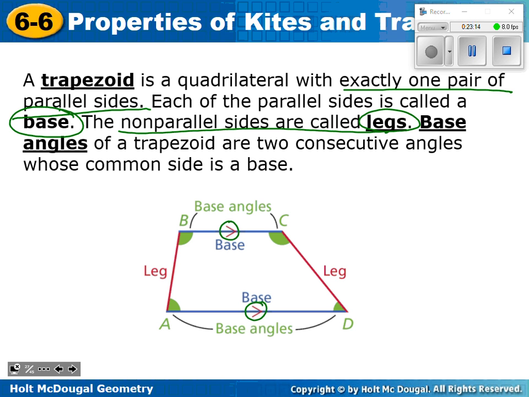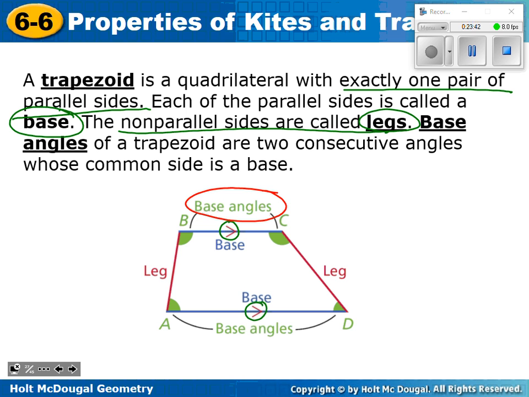And then your bases each form two of the four angles. The two that are made by the same base are called the base angles. So B and C would be considered a pair of base angles, and then A and D would be considered a pair of base angles. Okay, they are, but they're not all base angles together. So B and A are not considered base angles because they're not formed by the same base.